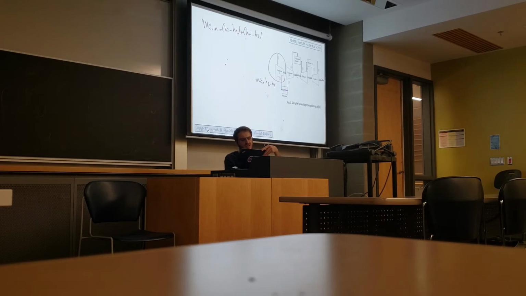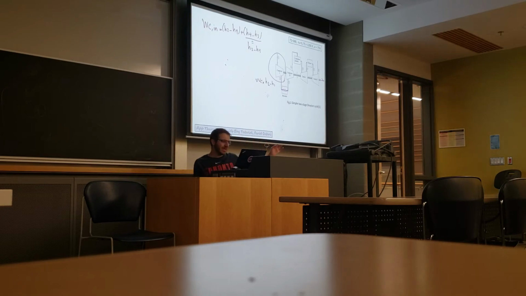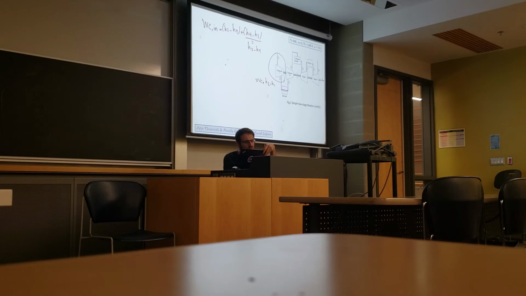In this case, because the compression ratio is the same, H4 minus H3 equals H2 minus H1, so we can write 2 times H2 minus H1, and turbine out, the same thing, 2 times H5 minus H6.